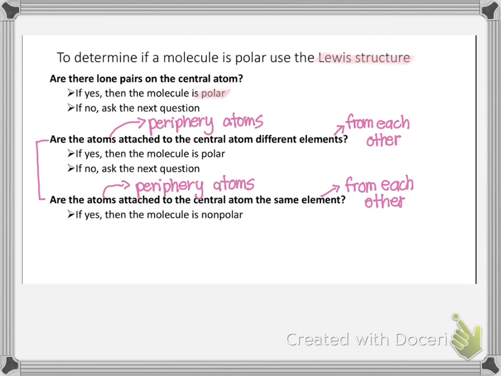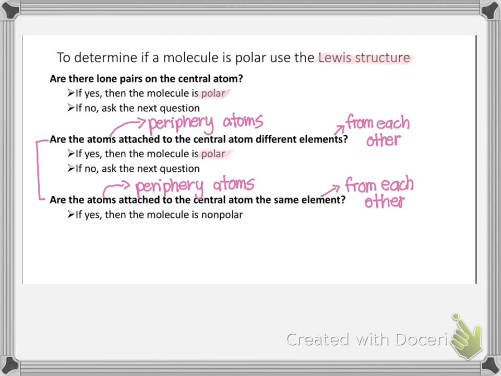If there are no lone pairs, then you look at the periphery atoms. If the periphery atoms are different from each other, not from the center, but from each other, it's polar. Really, if you think about it, it's because if they're different, they're not all going to pull the electron clouds the same, and so you end up with positive and negative.